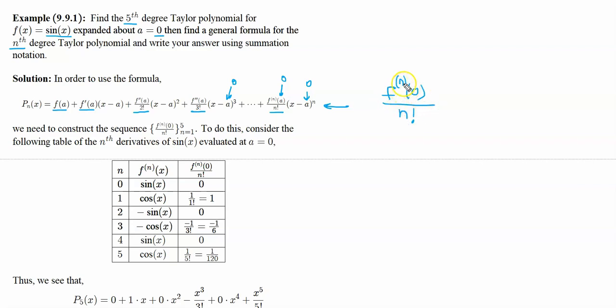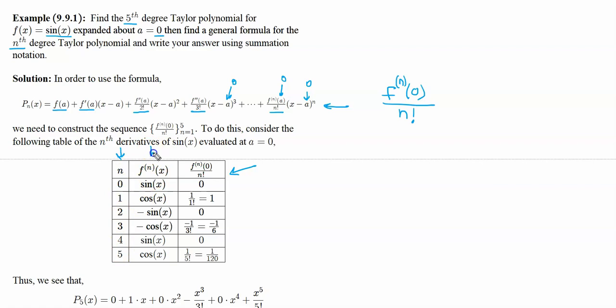So we're going to take the nth derivative of the sine function, evaluate it at 0, and divide by n factorial as n varies from 0 to 1, 2, 3, 4, and so on. Write out these values and try to identify a pattern. The easiest way to do that is to create a table like we have right here. The first column just identifies the value of n that you're working with.